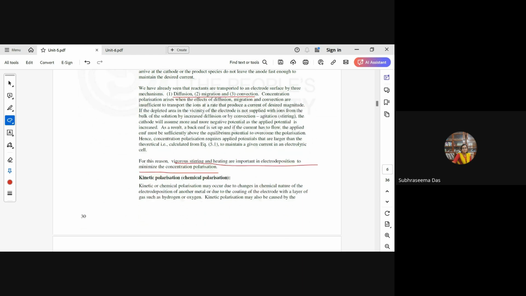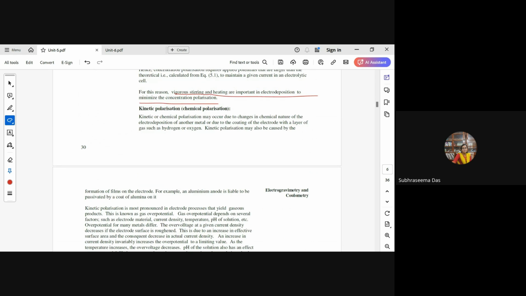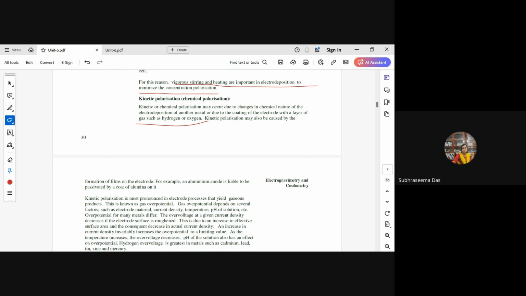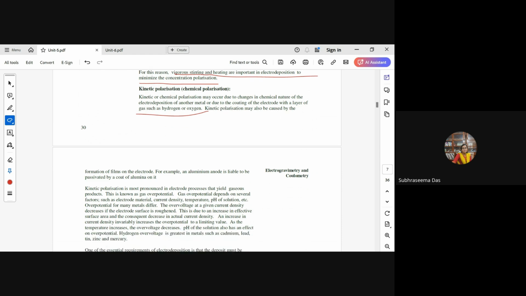So the next case is kinetic polarization, or what we call chemical polarization. This occurs due to changes in the chemical nature of the electrode, the deposition of another metal, or the coating of the electrode with a layer of gas, maybe hydrogen or oxygen. Kinetic polarization is also caused by the formation of films on the surface of the electrode.